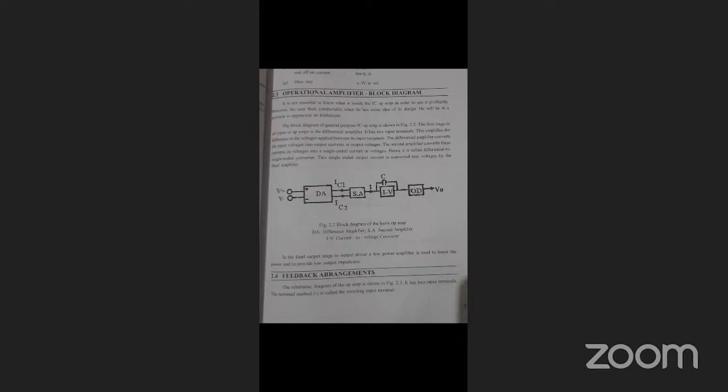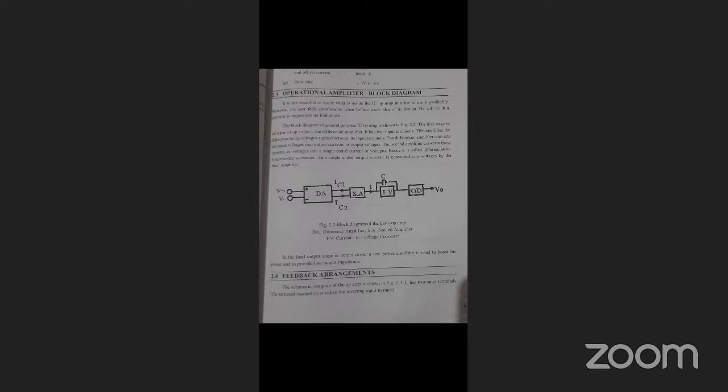First one is the differential amplifier, second one is the second amplifier, third one is the IV current to voltage converter. Finally we take the output. DA means differential amplifier, IV current to voltage converter is third, SA means second stage amplifier, and last is the output driver that we take.